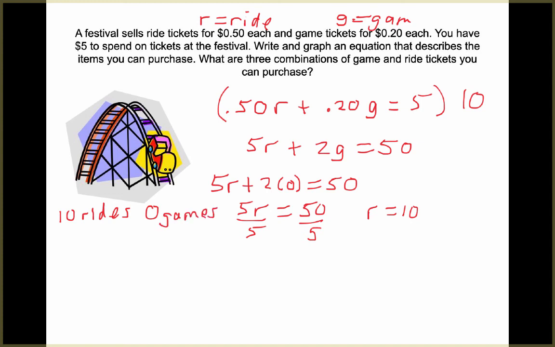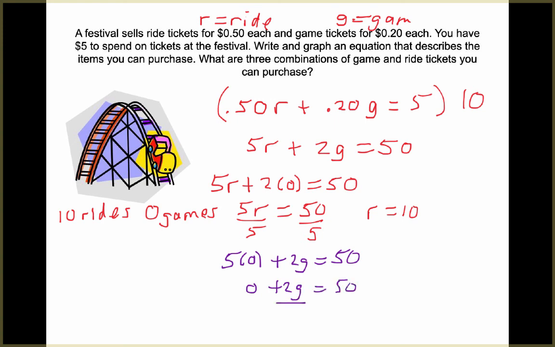We do the same thing now for games. We can make our rides go to 0. We can do the same thing to see if we can use the intercept for games. So let's make our r go to 0. So 5 times 0 plus 2g equals 50. This is 0 plus 2g equals 50.